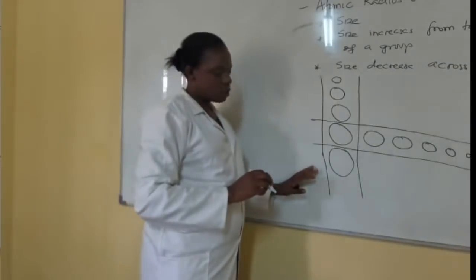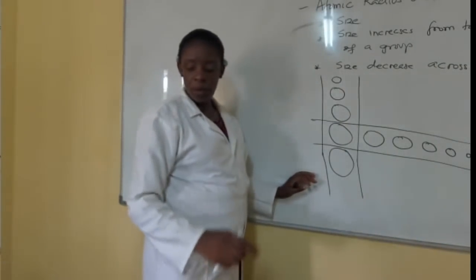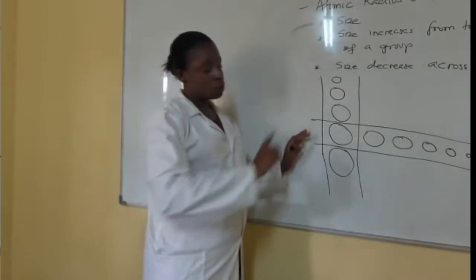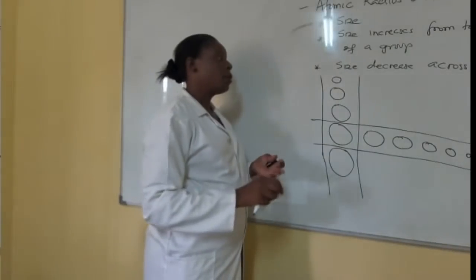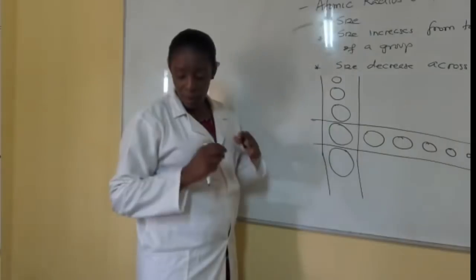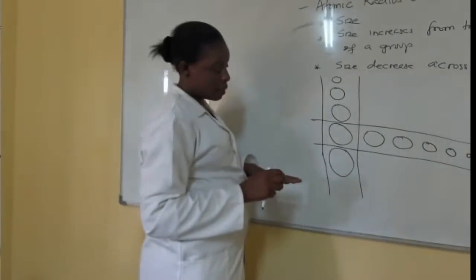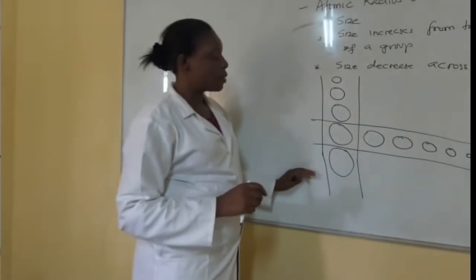So from top to bottom, size will increase; from left to right on the period, the radius will decrease. So now you need to be able to explain why. Why does the size increase?